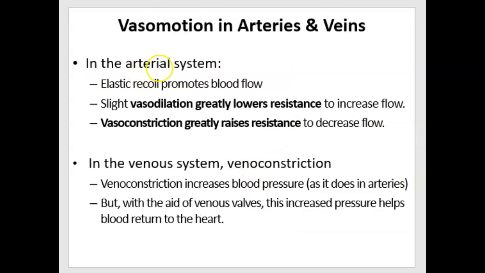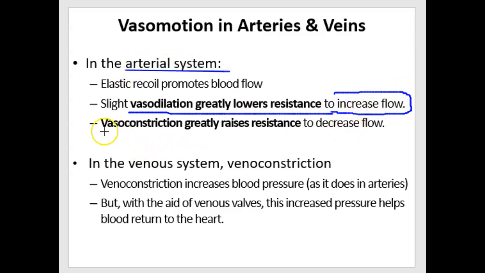So in the arterial system, elastic recoil promotes blood flow, and a little bit of vasodilation, just slight, will help lower resistance in arteries, so you'll get increased flow away from the heart. This is in the arterial system. But vasoconstriction beyond elastic recoil, when the vessel gets restricted even further, decreases flow.